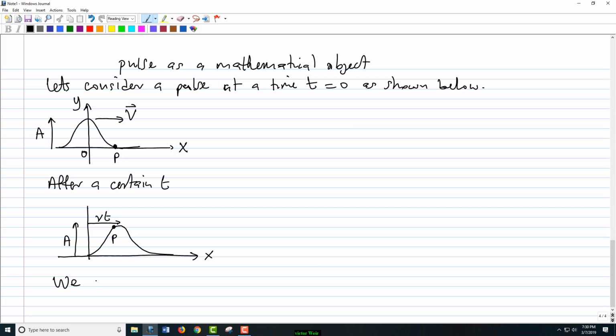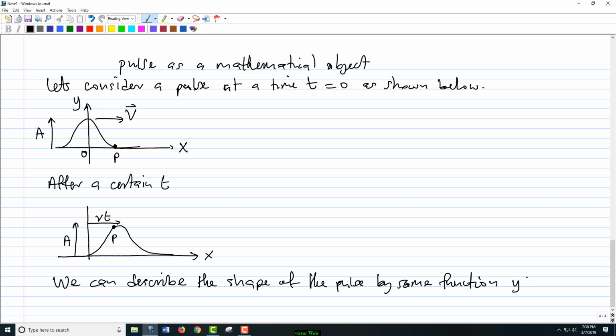We can describe the shape of the pulse by some function y of x, 0 equal to f of x, and this will describe the shape of the pulse at a time t equals 0.